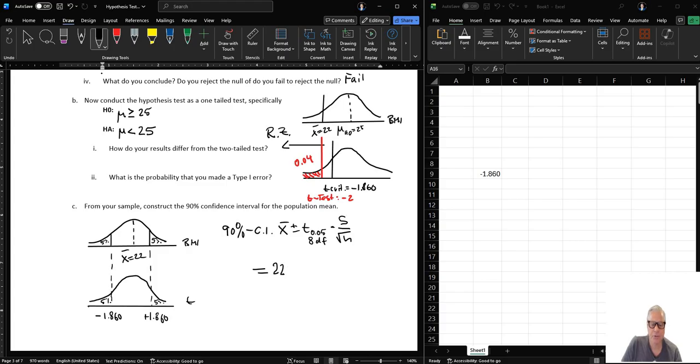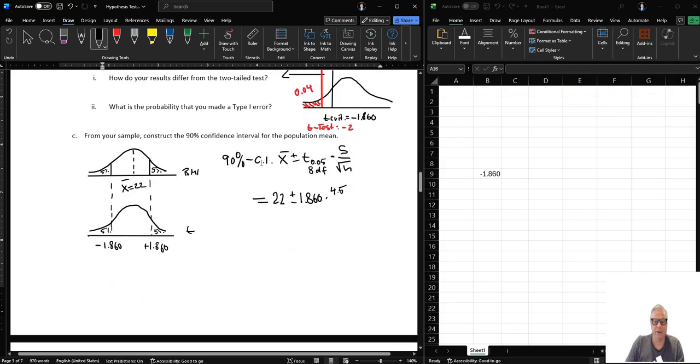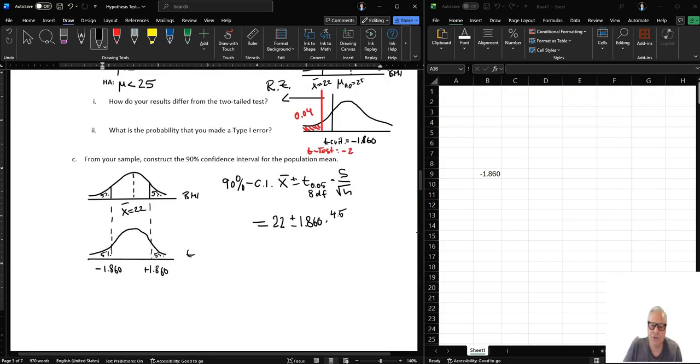So now we have 22 plus minus 1.860, and the standard error is the standard deviation from our sample, which was 4.5. So that was given up here, 4.5, divided by the square root of 9, which is 3. So therefore, we get the lower limit.